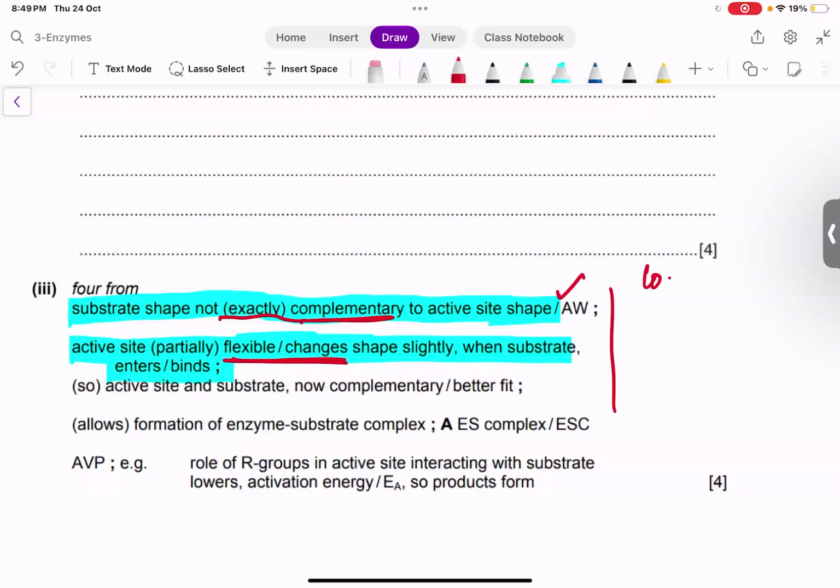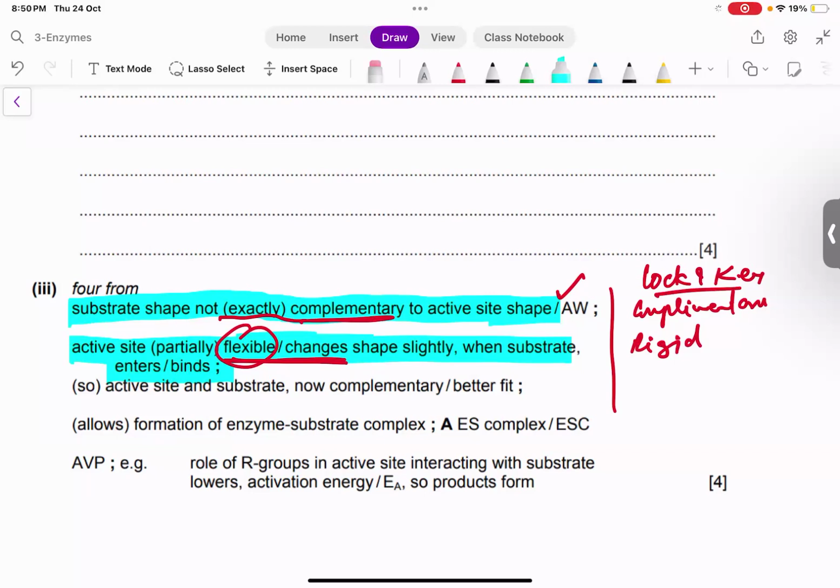The shape is complementary, and the active site is rigid instead of flexible as in the induced fit model.